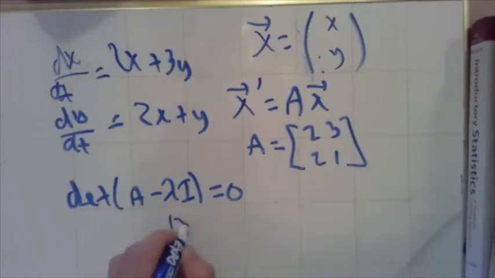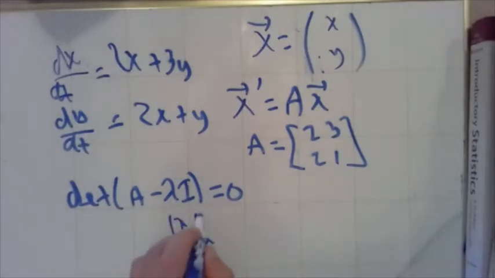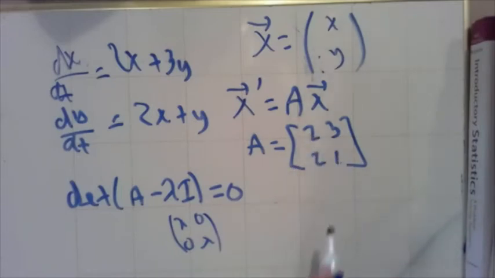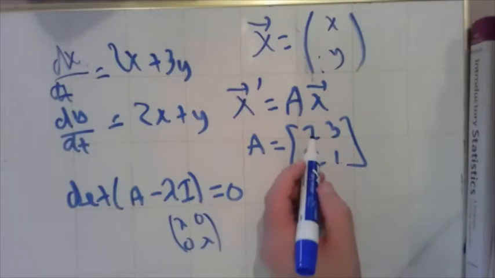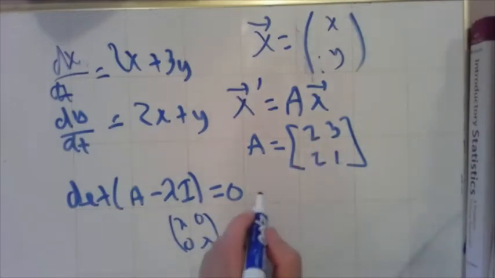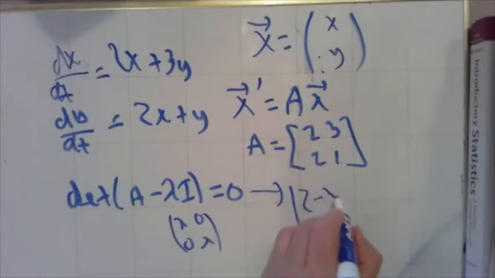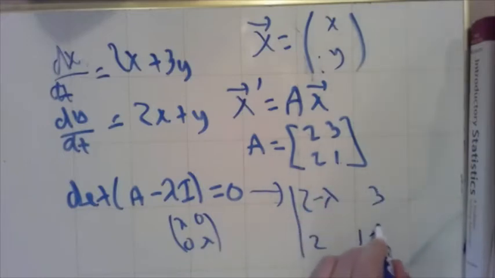Lambda I would be lambda, 0, 0, lambda. I want A minus that, so these guys along the main diagonal get subtracted, or we subtract lambda from those. So this says 2 minus lambda, 3, 2, 1 minus lambda. That determinant equals 0.